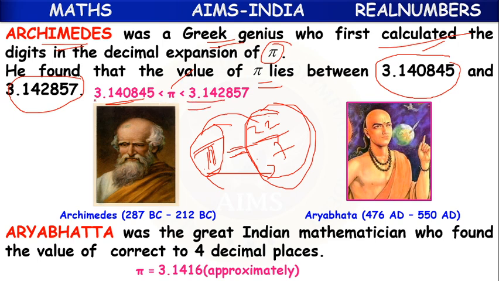So he has taken the value of pi as 22 by 7. Later Aryabhatta, a great Indian mathematician, corrected this decimal value. Here they have given up to 6 decimal places, but Aryabhatta corrected the value of pi up to 4 decimal places, 3.1416 approximately. Okay, children.